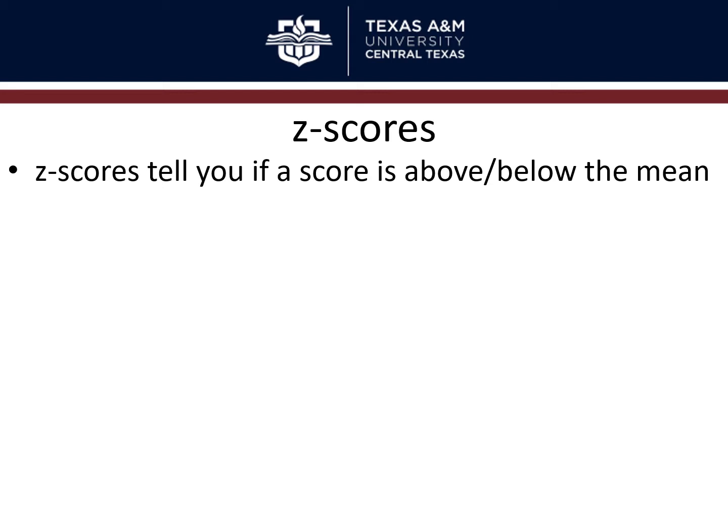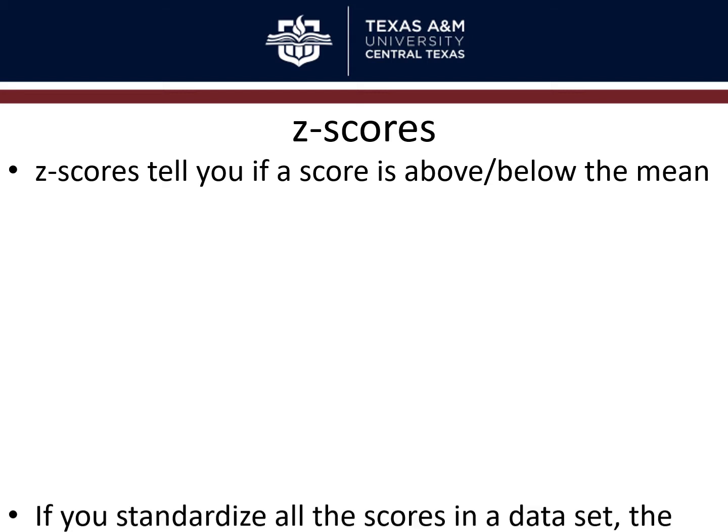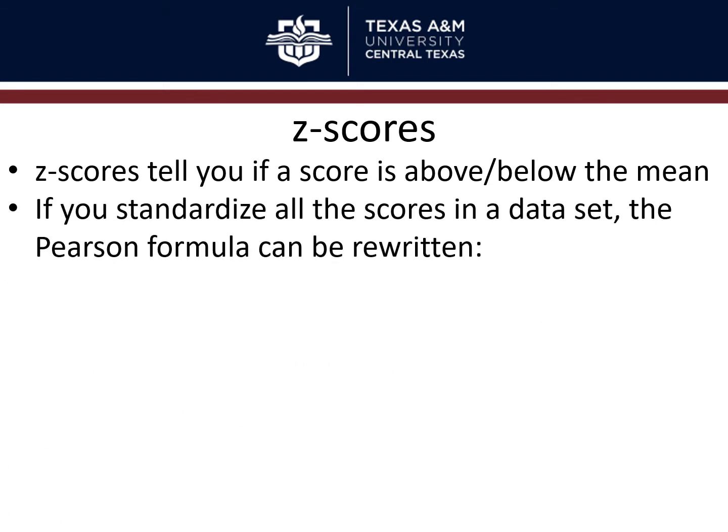So the interesting thing about z-scores with correlations is if you standardize all the scores in a data set, you can rewrite the Pearson formula to be a bit simpler. So if you happen to be given z-scores, it makes calculating correlation pretty easy. For a sample, r is then equal to the sum of z sub x times z sub y.